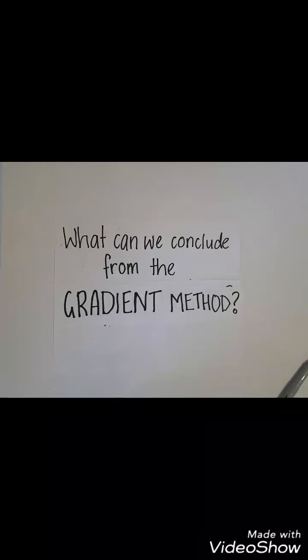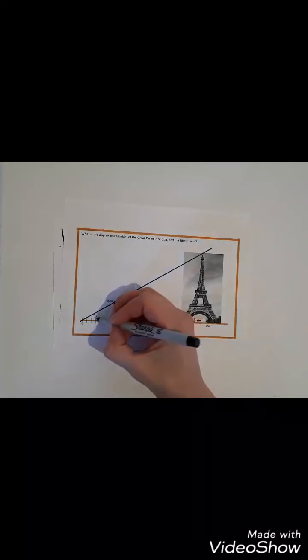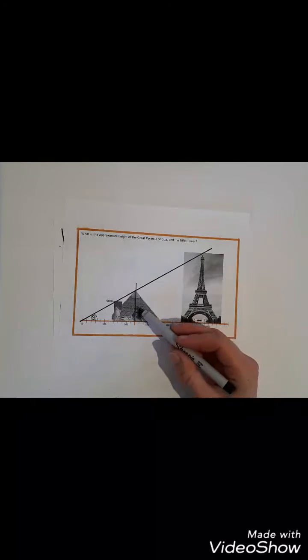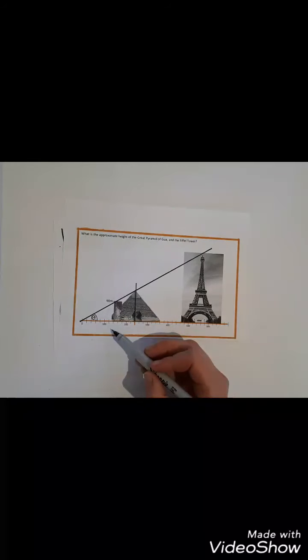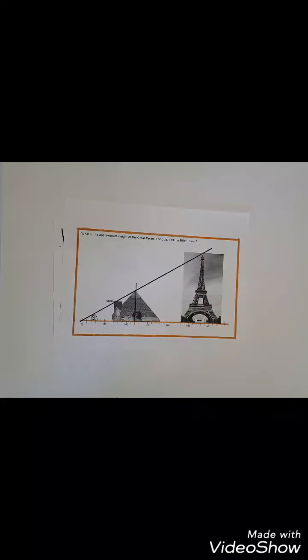Great thought, Amy. Given what we know about right-angled triangles, if we label this bottom angle theta, how else could we label the building side and the yellow side? Sarah. We could label them opposite over adjacent.